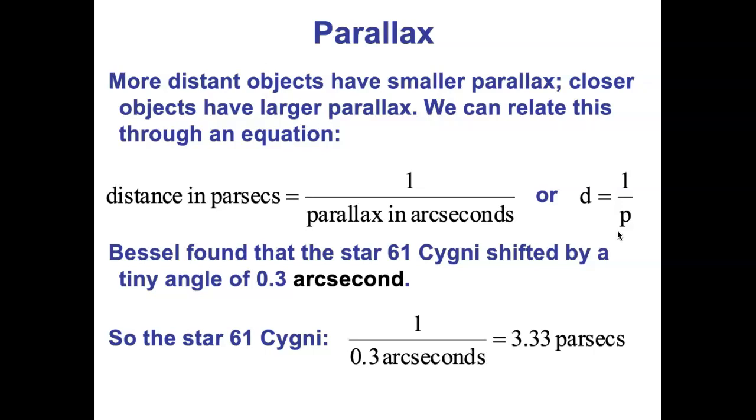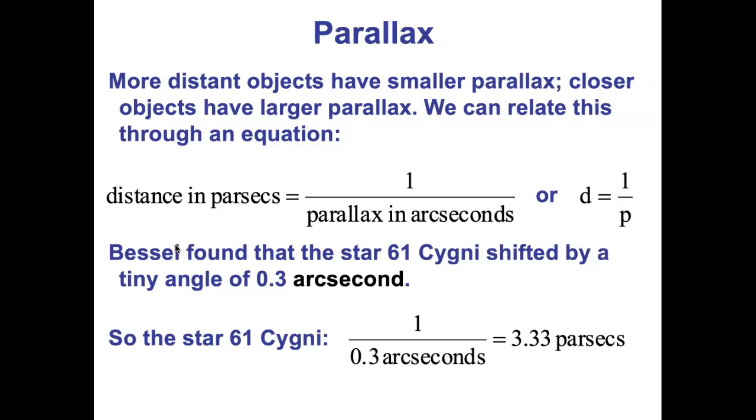So in this equation, you always measure the parallax in arcseconds. And as long as the parallax is measured in arcseconds, the distance pops out in units of parsecs, because we've defined a parsec as being based on parallax in arcseconds.